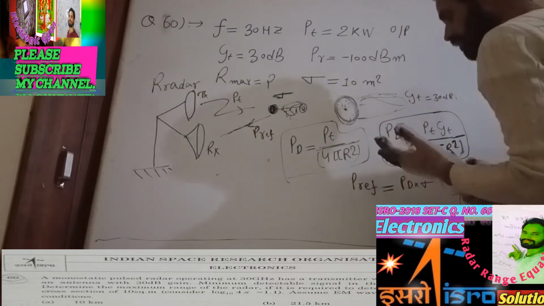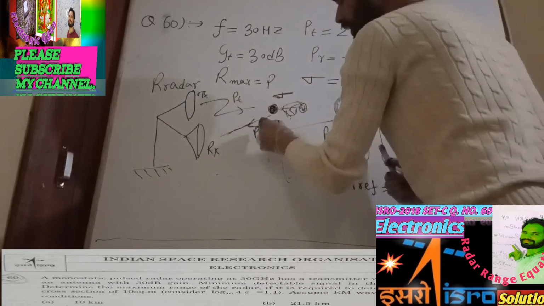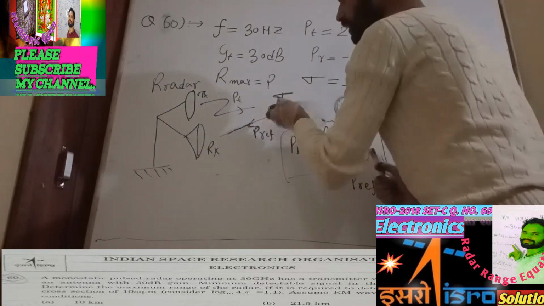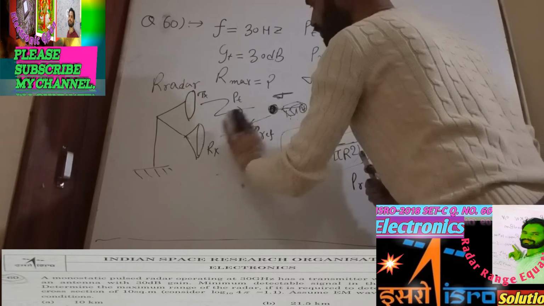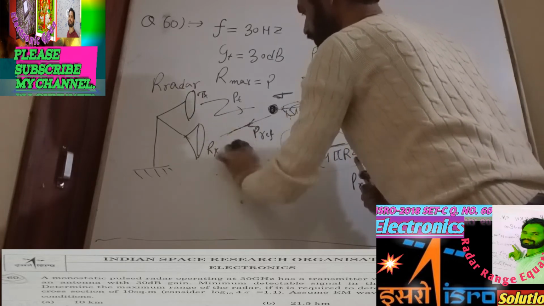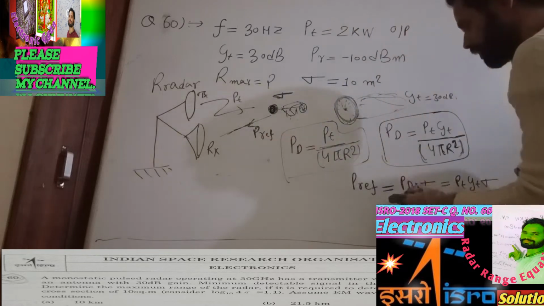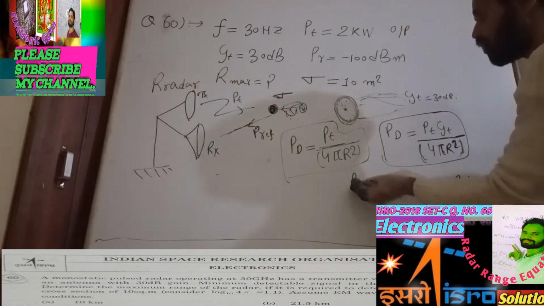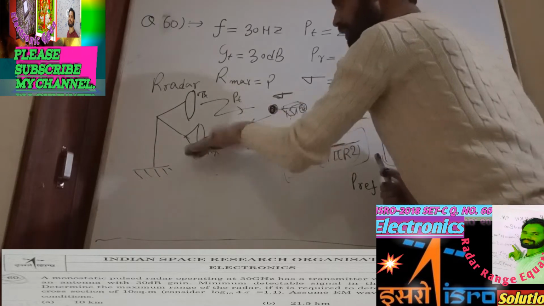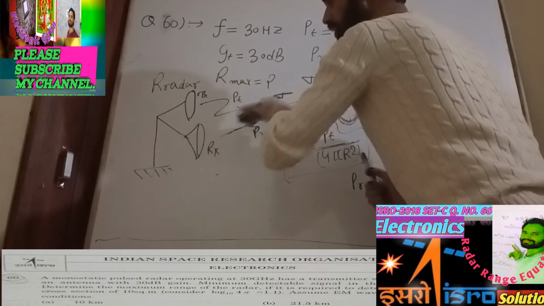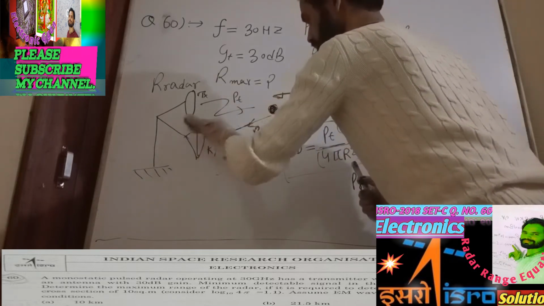Why? Because this reflected power is just an echo signal, the reflected power in the form of an echo signal, reflecting toward the radar receiver.